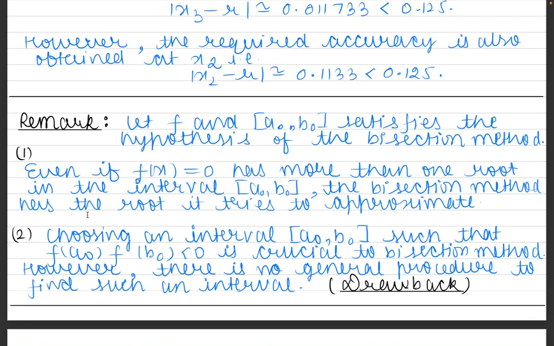But however, this is not always possible to find such an interval. The function can be very ugly, which makes it more challenging to find such an interval. But there are other methods called secant method and the Newton-Raphson method, which overcome this difficulty, and they are called open domain methods. For example, this bisection method is known as closed domain method because you need a closed interval to start with. So we'll see Newton-Raphson method, secant method, their drawbacks, and hypothesis and conclusion in the next session.